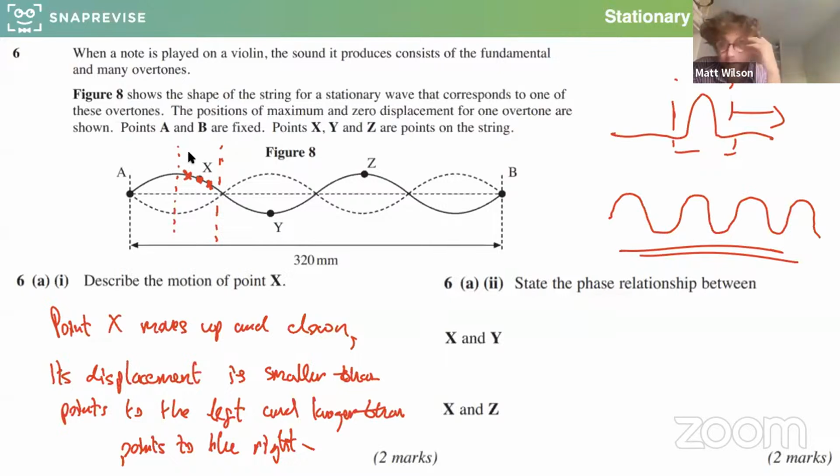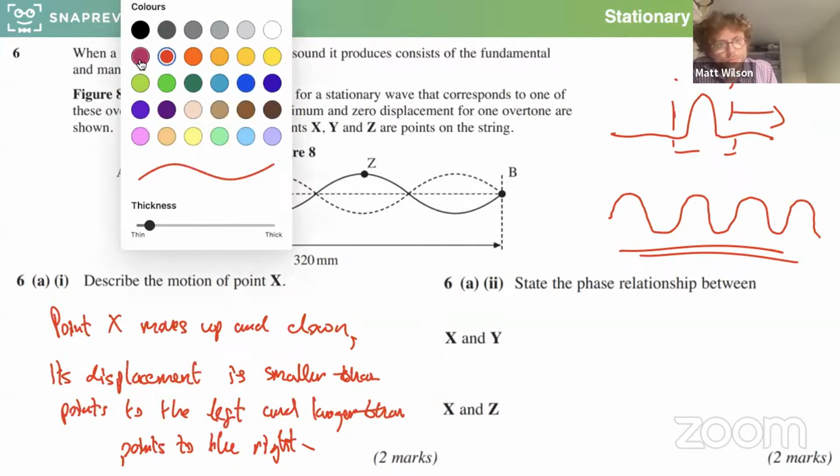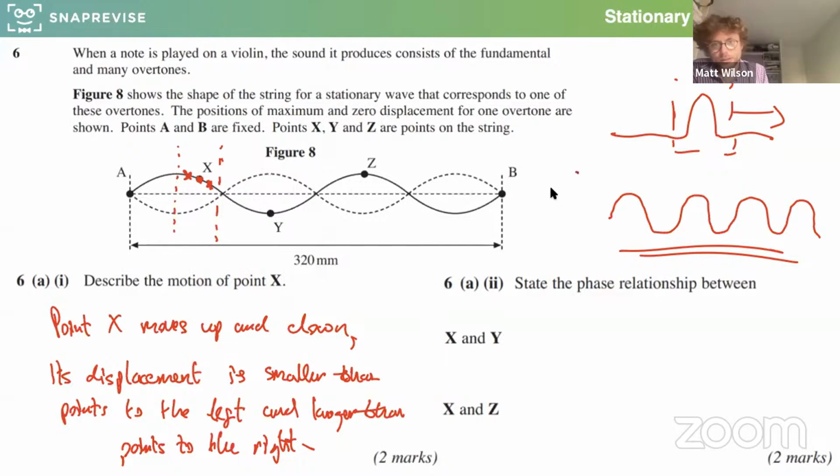Okay, so now we're asked to state the phase relationship between X and Y and between X and Z. This is a really good question. Something about this wave might lead you to think, if this was just a single wave, and you are thinking about this point X here, and this point Y down here, well, X is kind of high up, but it's not at the peak.